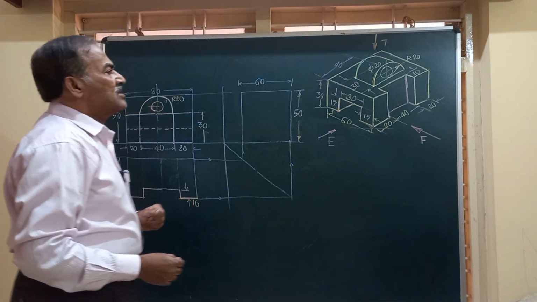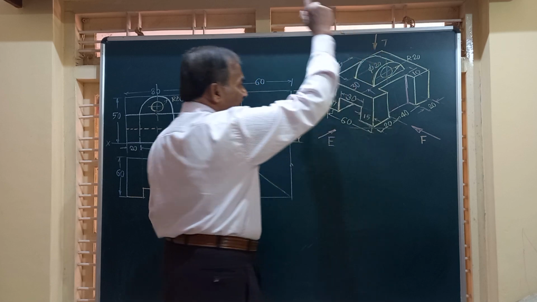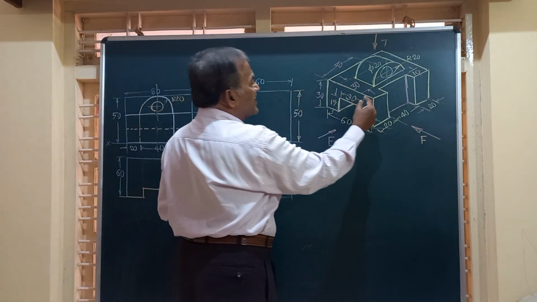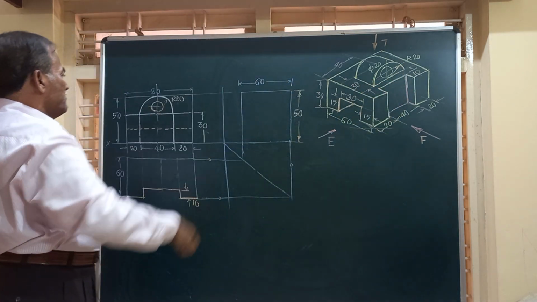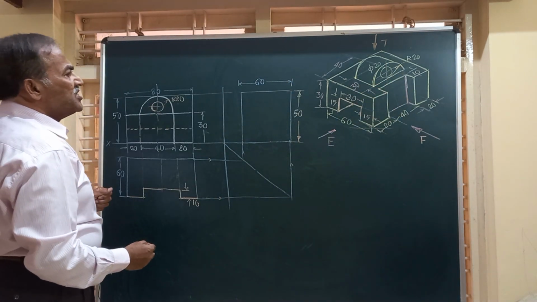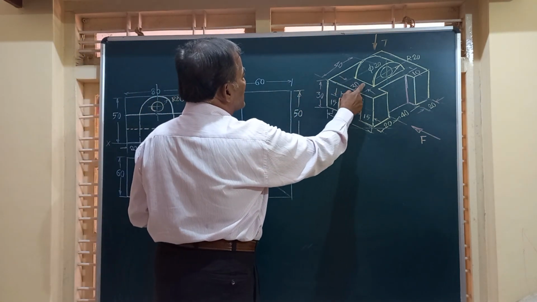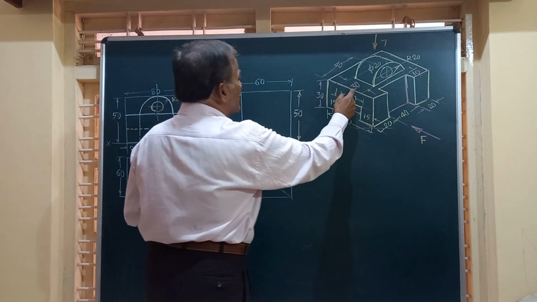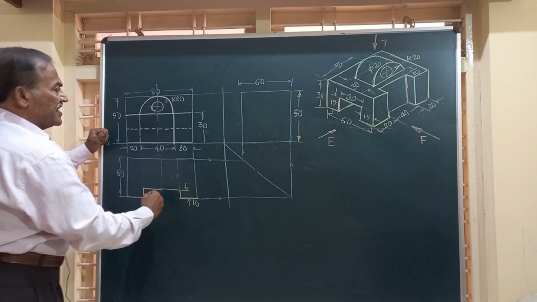Friends, this rectangle, this projection, is seen as a rectangle in the top view with width equal to 30 and length equal to 40. So along the major dimension, you are going to have this exactly in the center. So from the center, how much is it going to be? This is 60. You have to mark the center of this length.